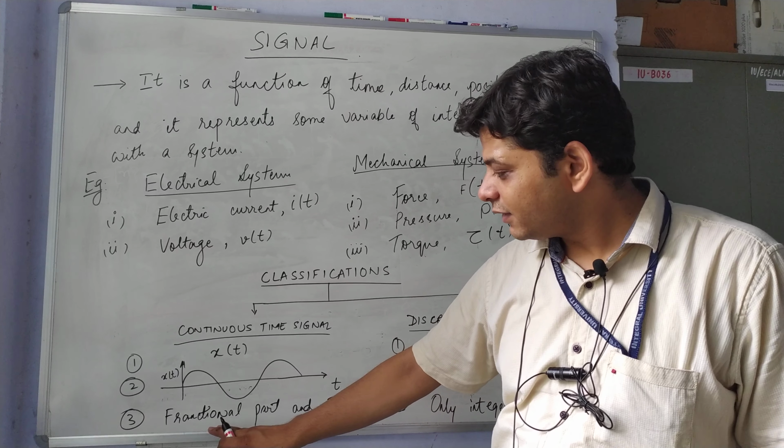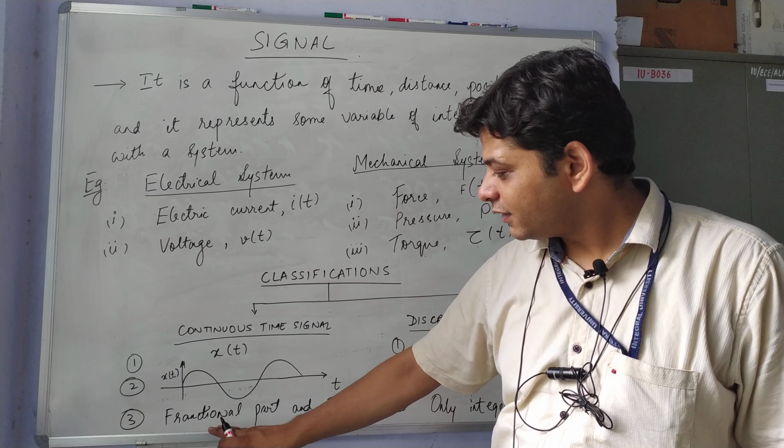I mean to say that we can have values of time like 1.1, 1.2, 1.3, 1.4 and so on, and also integers 1, 2, 3, 4, 5, 6. But in a discrete time signal we have only the integer part, not any fractional part. So integers like 1, 2, 3 up to infinity.